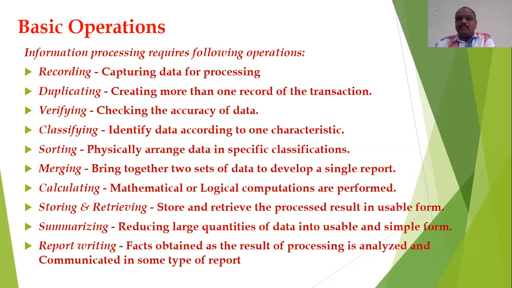Physically, they will arrange the data in the specific classification. Then the next idea is called merging. When we have two or more documents, two or three sets of data, we are going to merge them and make them into a single report.